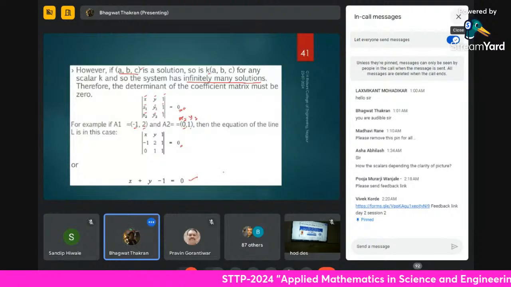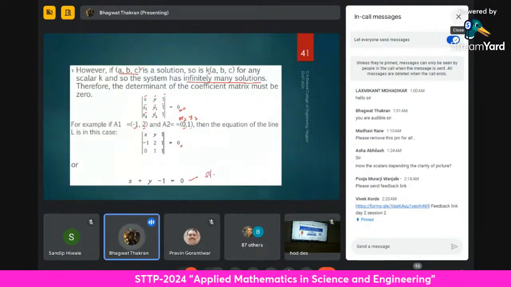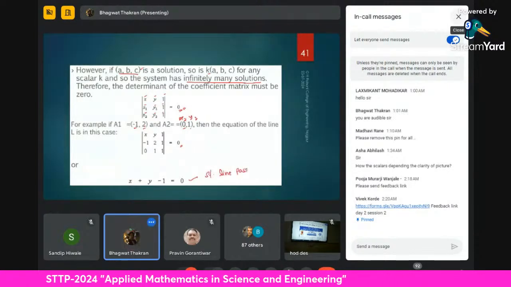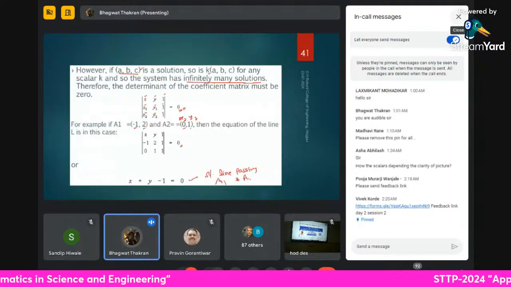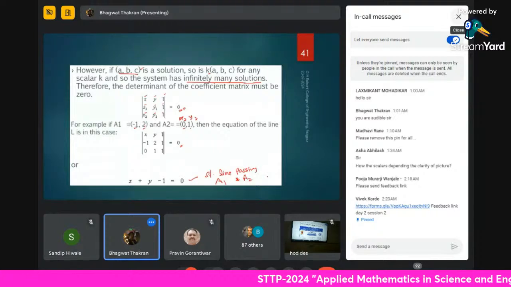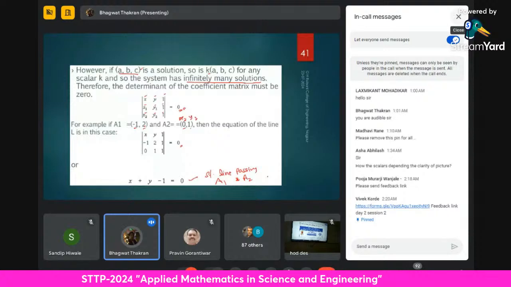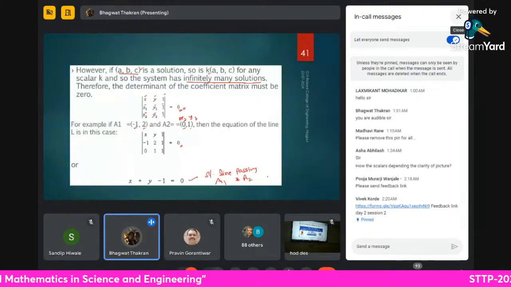This is my straight line passing through the points A1 and A2. Isn't it impressive how we can use the determinant in finding this type of equation?